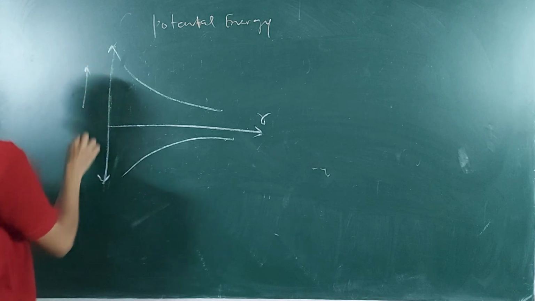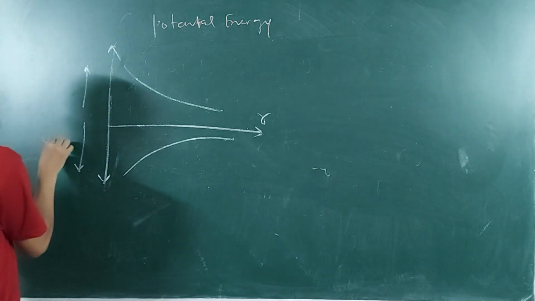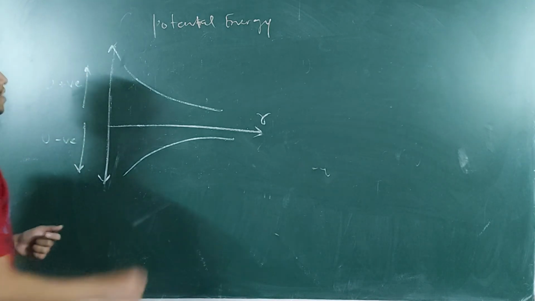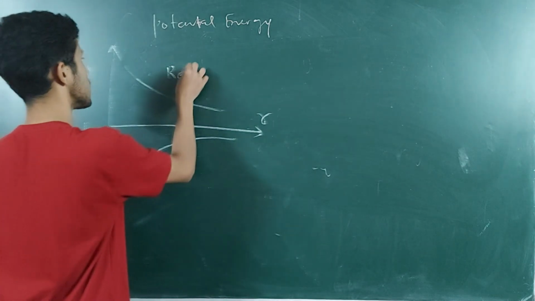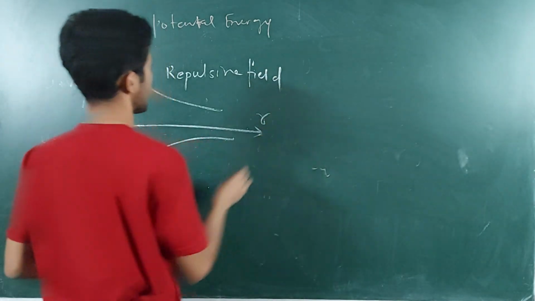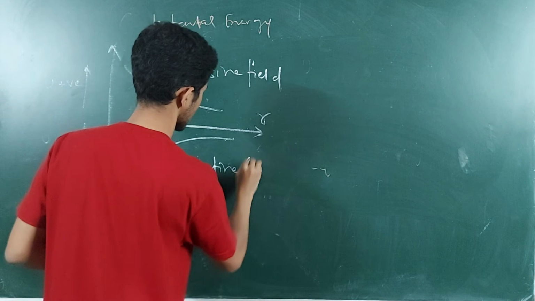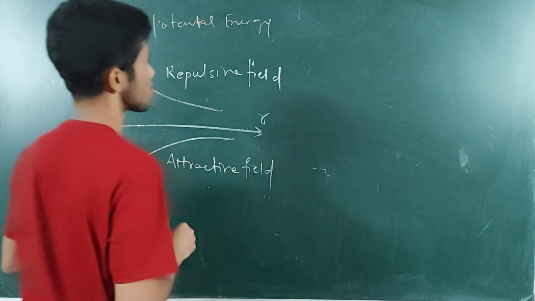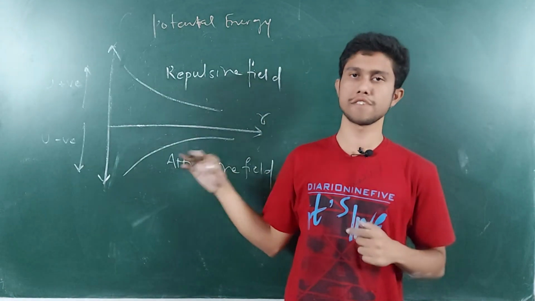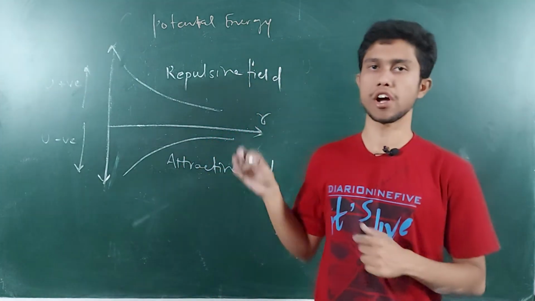If you go up and you go down, here U is negative and here U is positive. Here it is a repulsive field and here it is an attractive field. This is the graph which you have to keep in mind, because this graph is not going to change. It will be the same and you will be asked questions depending on this graph.